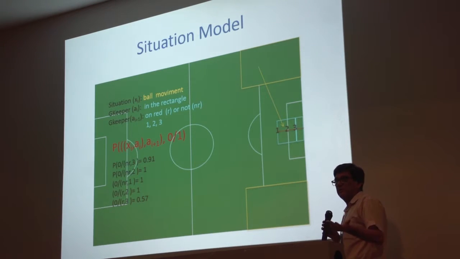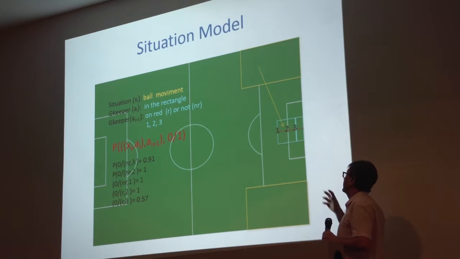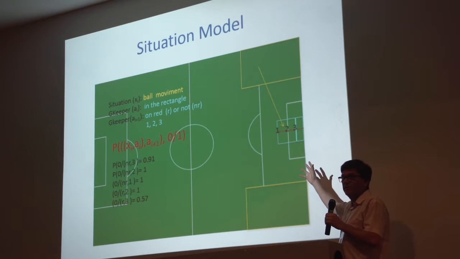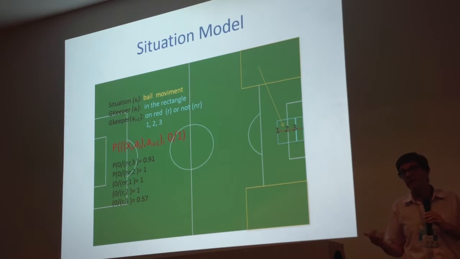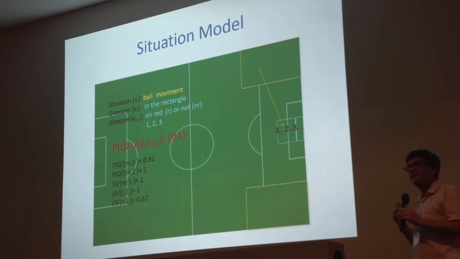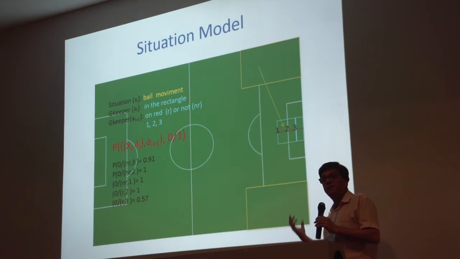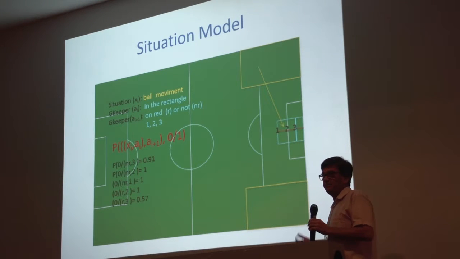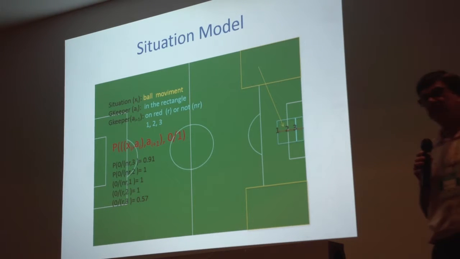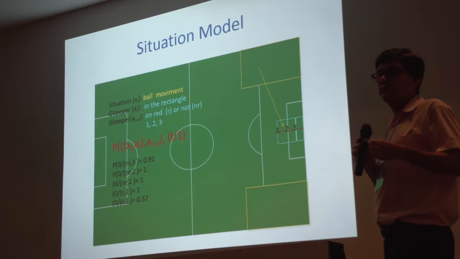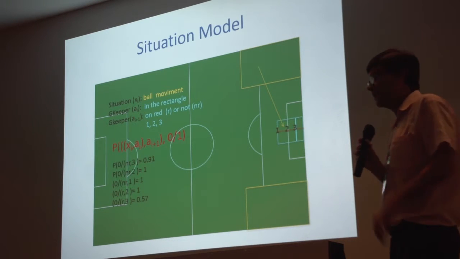This is a model. I simplify all the complexity and variety of the situations to an equivalence class where I see just this. It could be as complex as you want, but you have a limited number of data. If you put in more parameters, it will be difficult. The number of parameters that you put depends on the number of data that you have, because you need to estimate what happens.